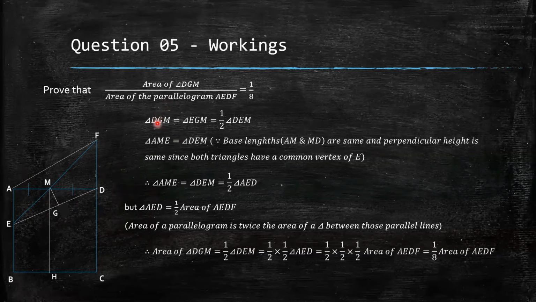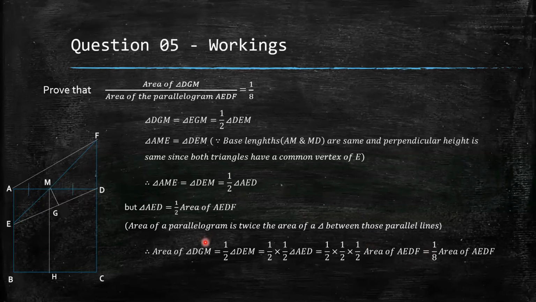So now we know the area of DGM is equal to half the area of DEM. You can replace this DEM by half the area of AED. Again, you can replace this area of AED using half the area of AEDF.